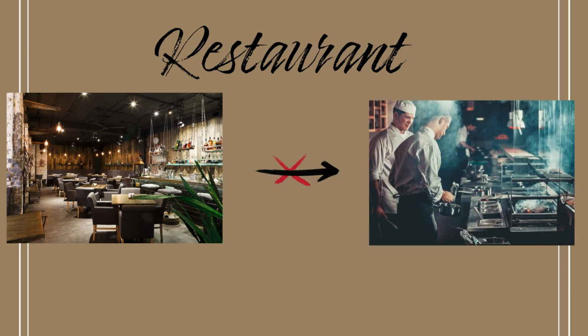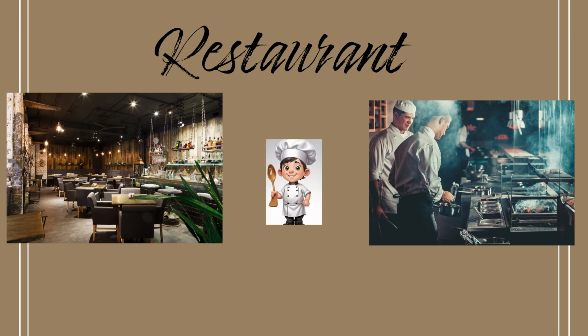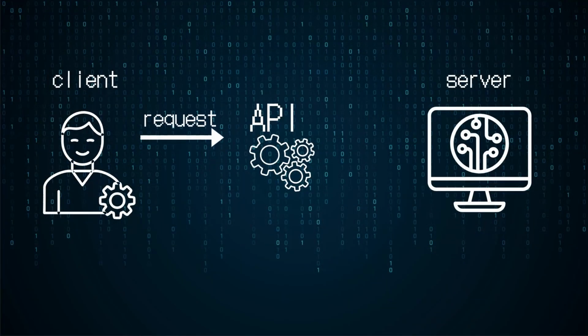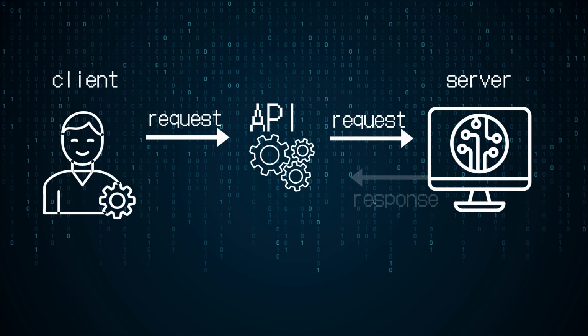You can't directly tell the kitchen what you want because you don't have the right interface to do so. Instead, you communicate your order through the waiter, who acts as the messenger between you and the kitchen. The waiter takes your order, tells the kitchen, and then delivers the food back to you. Similarly, an API takes your request, tells the system what you want to do, and then returns the response back to you.